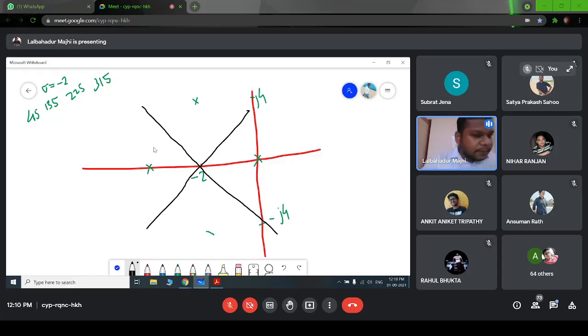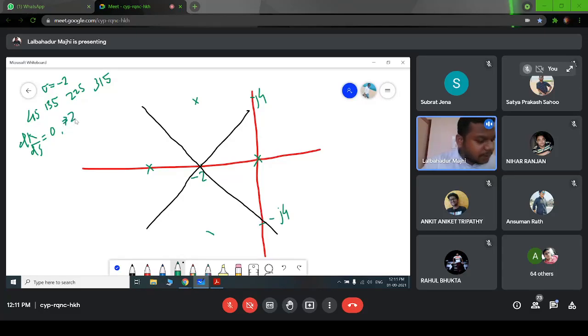Similarly, we have to determine the breakaway points by dK by ds equal to 0. So we are getting three breakaway points.